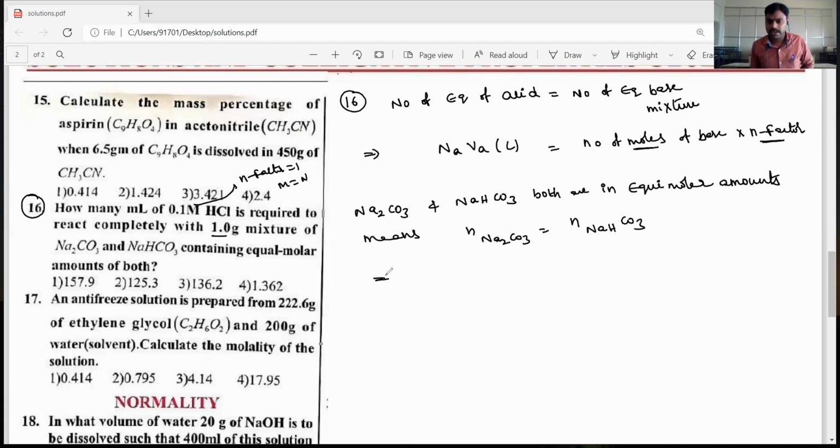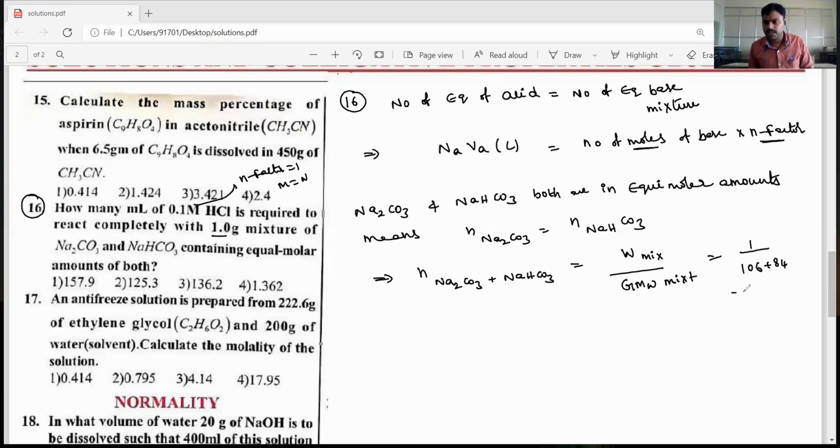Now we need to find the number of moles of Na2CO3 plus NaHCO3, which is weight of mixture divided by gram molecular weight of mixture. The weight they gave is 1 gram, divided by the gram molecular weight of the mixture, 106 plus 84.